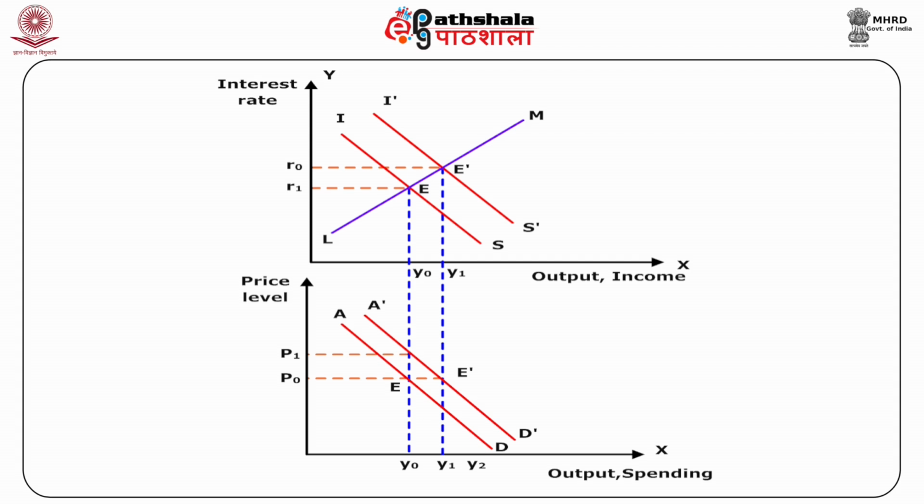You are aware of this. At the initial price level, there would be equilibrium at E prime with a higher rate of interest and a higher level of income and spending. Thus, at P0, the income level and the spending are higher, and at the new point E prime, the new aggregate demand function reflects the impact of the higher level of spending.